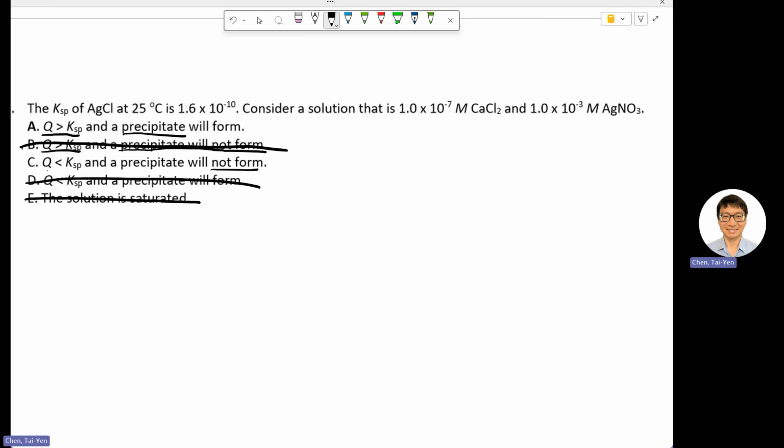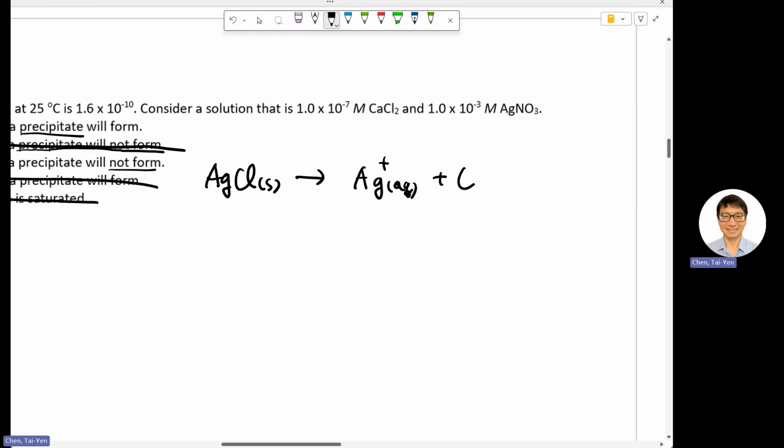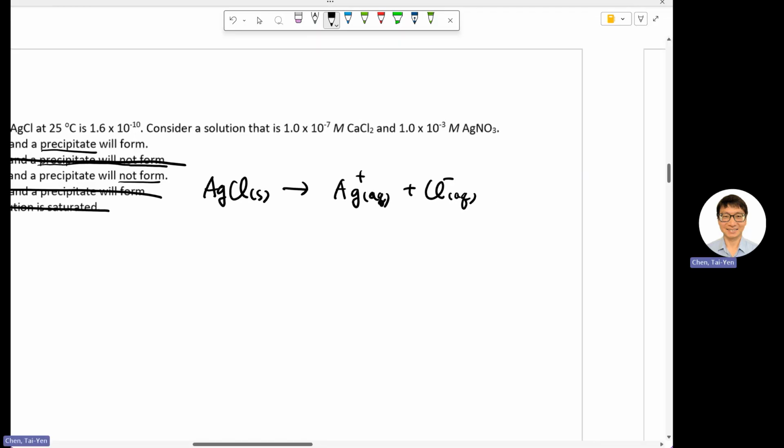Therefore, you know the equation that you're going to write is what? AgCl, solid, dissociates to become Ag+ aqueous plus Cl- aqueous. Right? So once you know this, then you can actually write out your QSP, right?